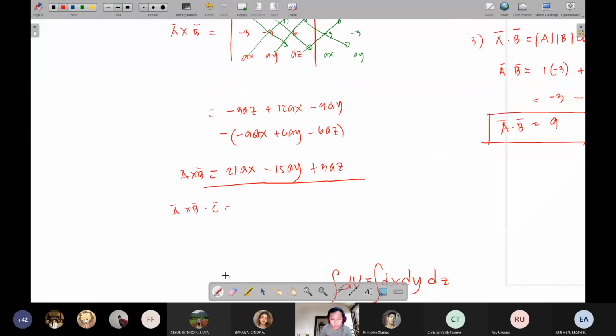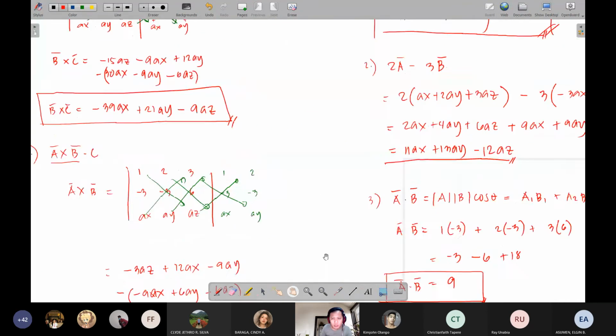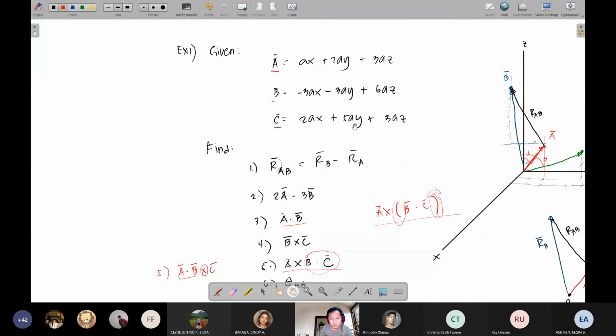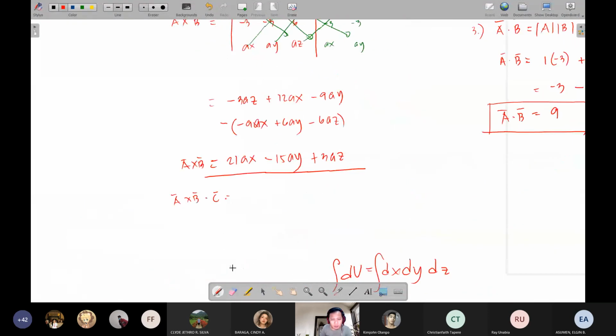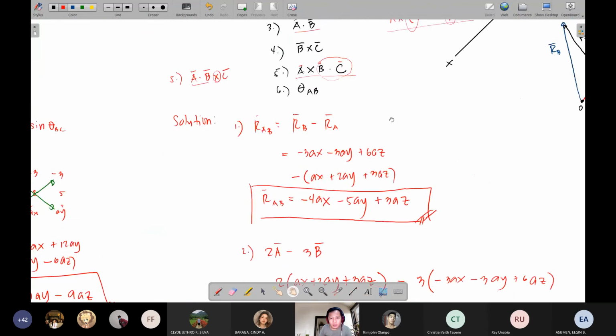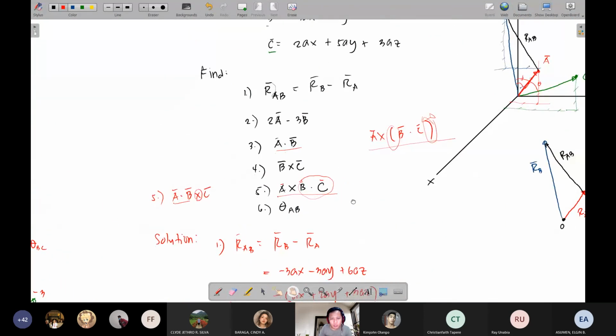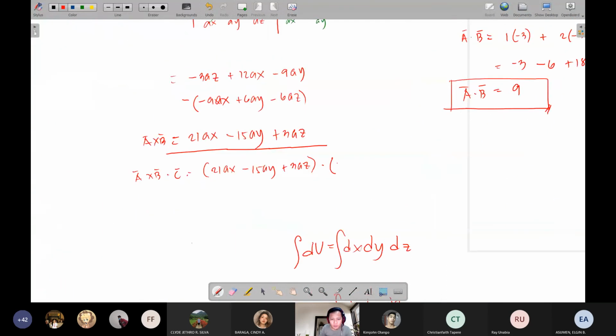For this one, our A cross B is 21ax minus 15ay plus 3az, and vector C is 2ax plus 5ay plus 3az. So this will be the dot product of those two.